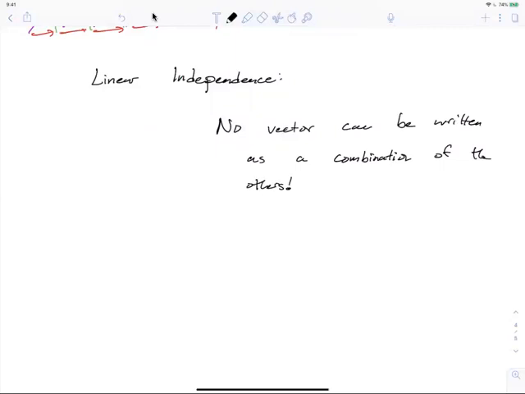Right. So we want to be able to say that no vector can be written as a combination of the others. And there's another way of thinking about this.